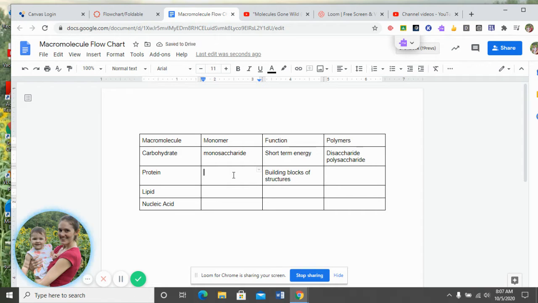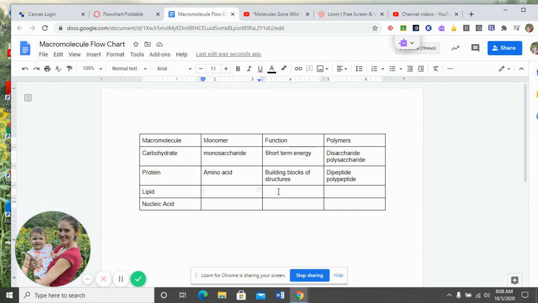The monomer of a protein is an amino acid. And the polymers have a little bit of a different name. They're called dipeptides or polypeptide. We're going to keep that same prefix, but the suffix, the ending, is going to be different.